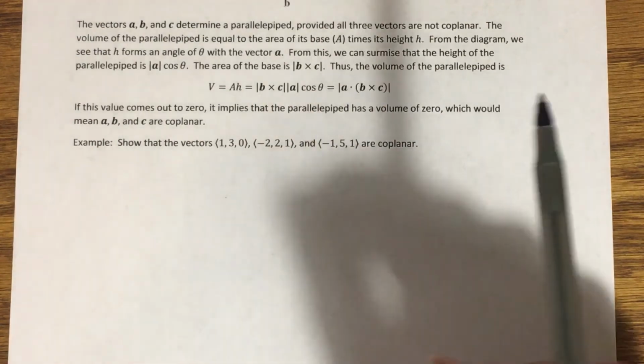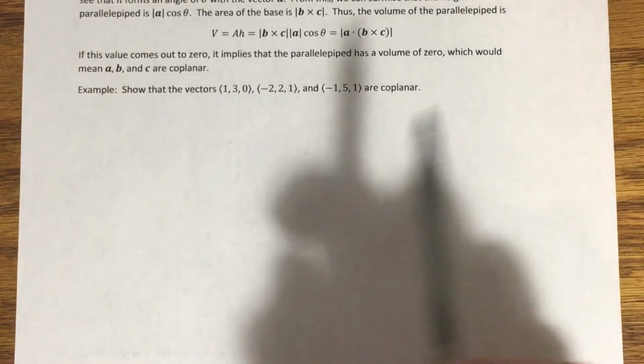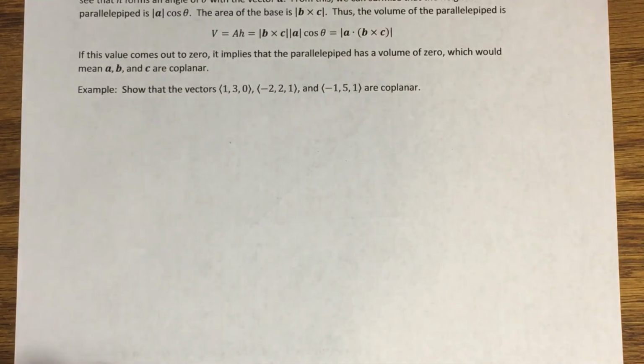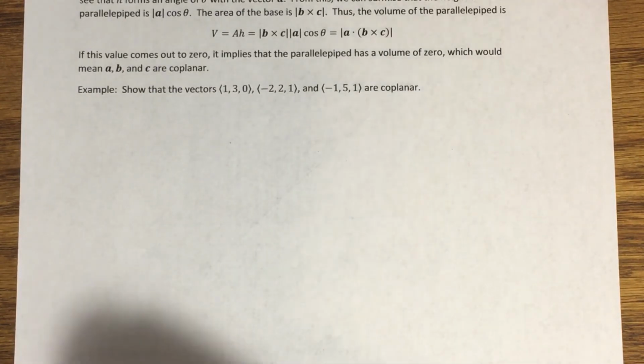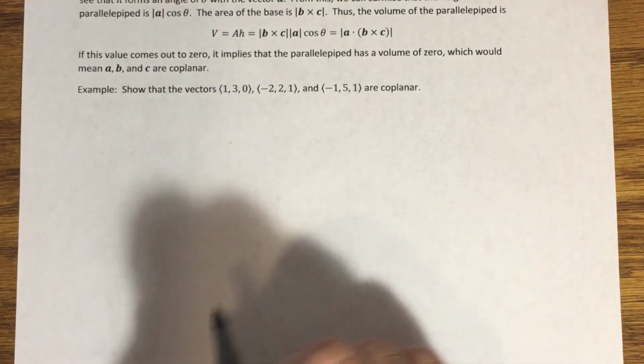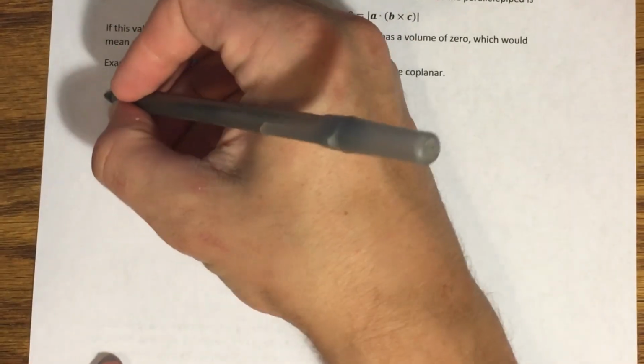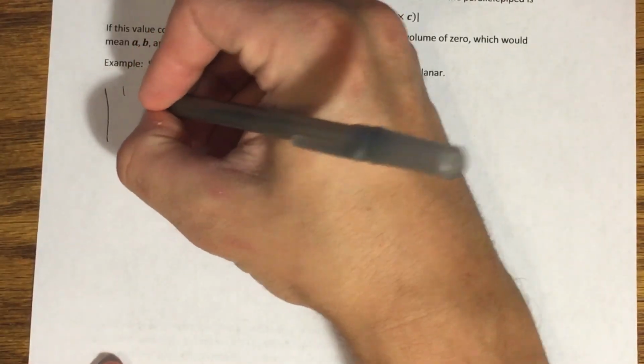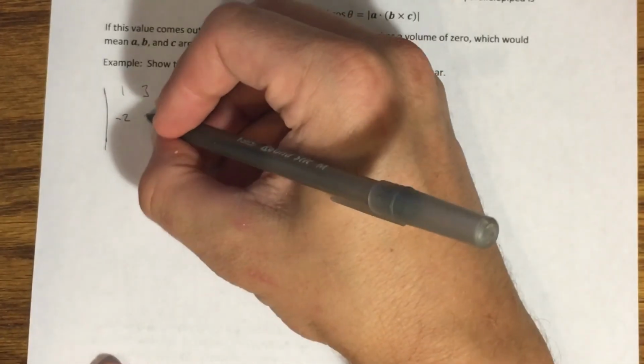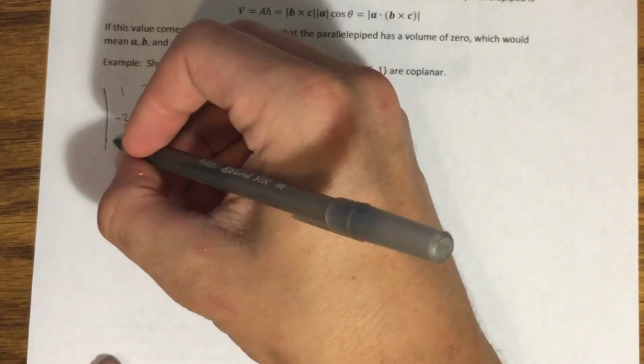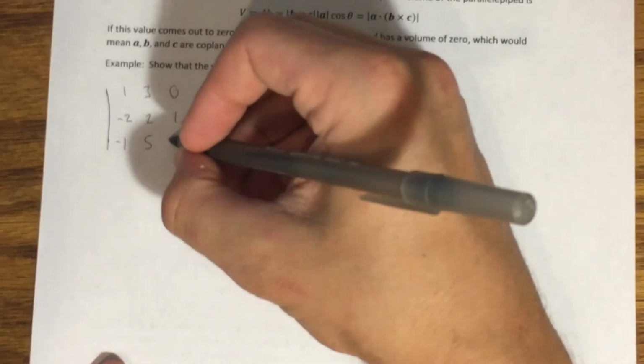So as a final example for this section, let's see if we can determine if these three vectors shown here are coplanar. I want to take their scalar triple product, but as we saw up here, we can use a 3x3 determinant containing just the components of these vectors to show that. 1, 3, 0, negative 2, 2, 1, negative 1, 5, 1.